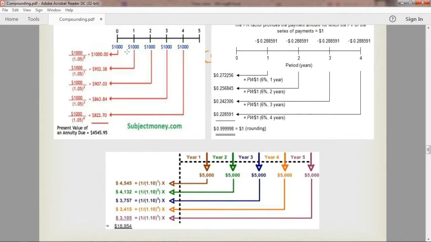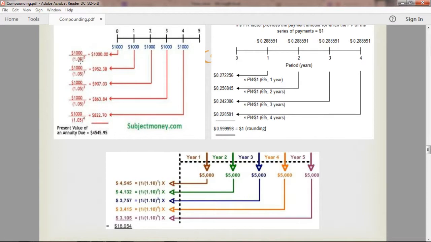Now, in this example, this diagram, this is an annuity due because the payments are made at the beginning of each year, right? Then we find a present value. First of all, the first deposit, first payment doesn't need to get discounted because it's already present value.